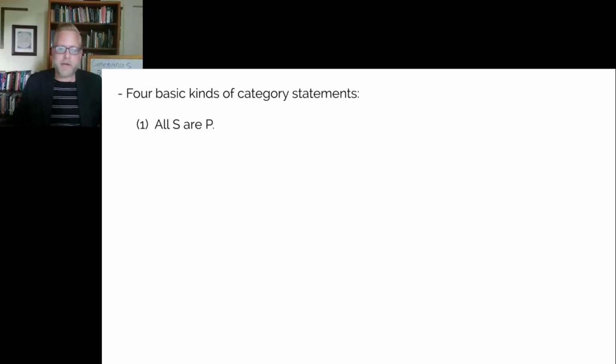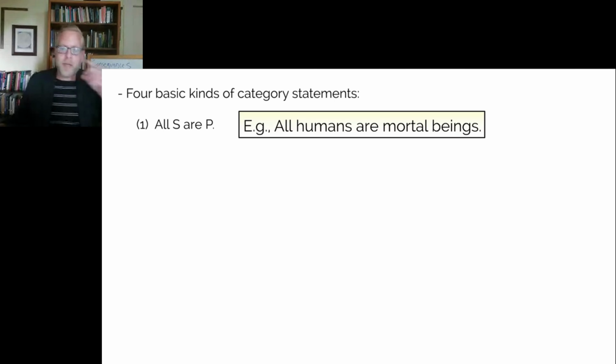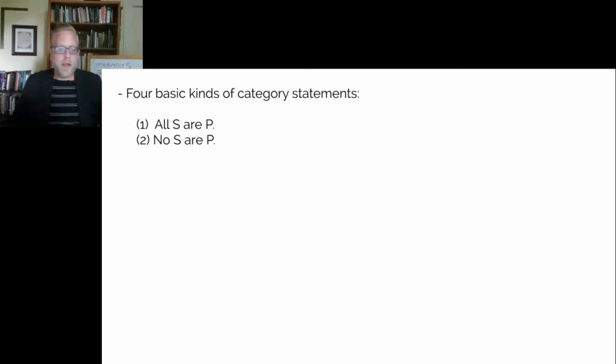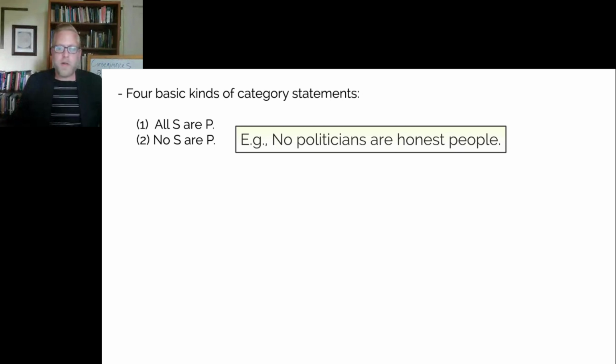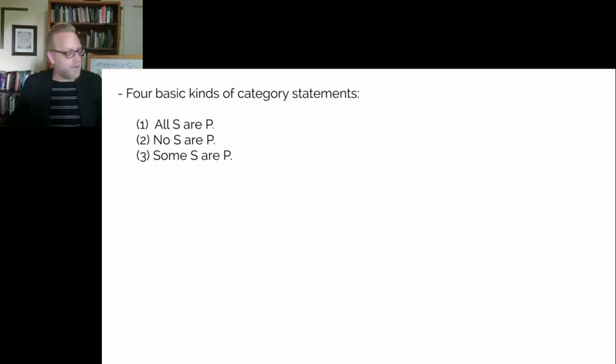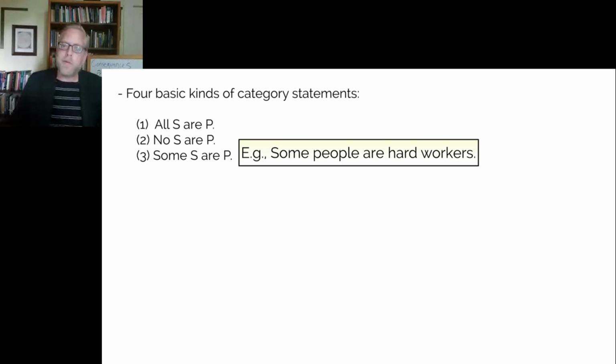Here's a little bit of technical stuff that you should try to memorize, just to have the terminology and the concepts in your mind. All S are P, like all humans are mortal beings. Here we're saying something about all the members of a category. And then No S are P: we're still talking about all the members, but in a negative way. Like, no politicians are honest people. It's probably not true either, but it seems like it sometimes, doesn't it? Some S are P: some people are hard workers.